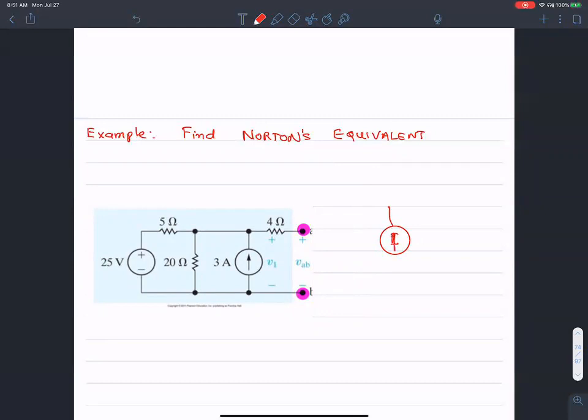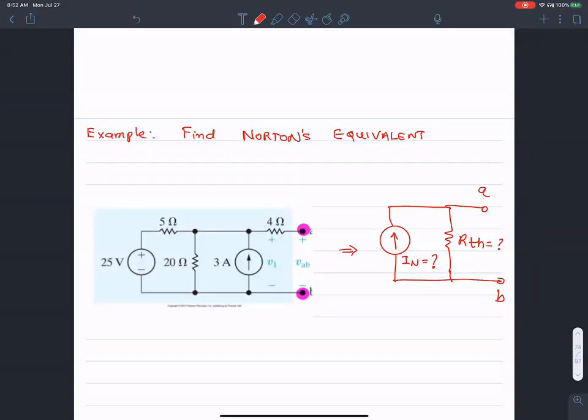This is a current source, with a resistance, RTH, at terminals A and B. So when you're asked to find the Norton's equivalent, it simply means what is RTH and what is IN.